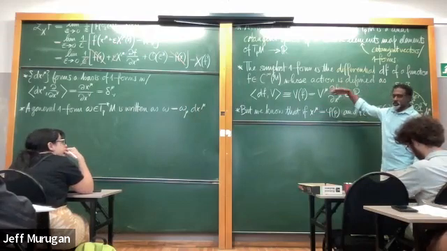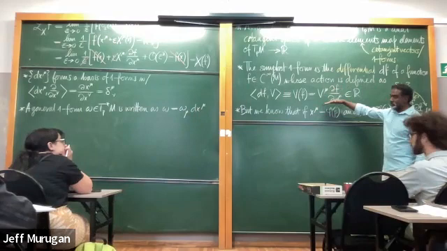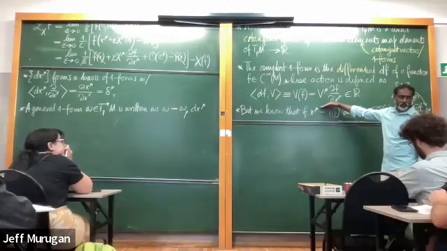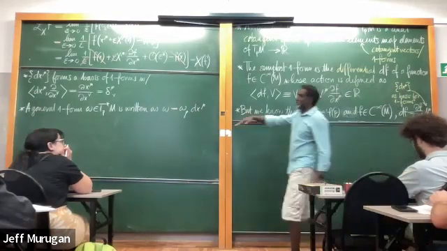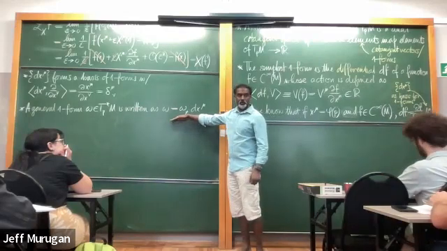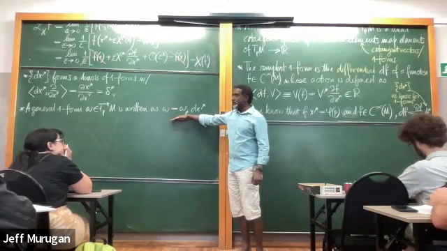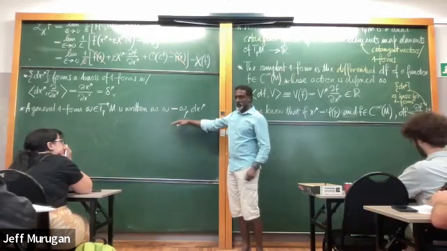Obviously we think about this as acting on some function. Similarly, I can express a general one form in TP star as omega mu dx mu.